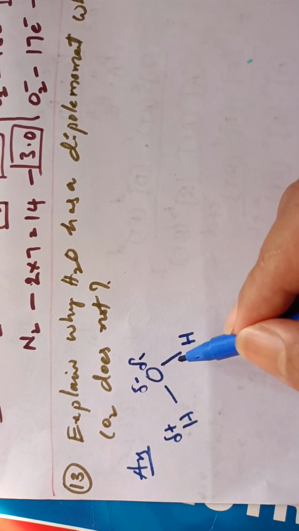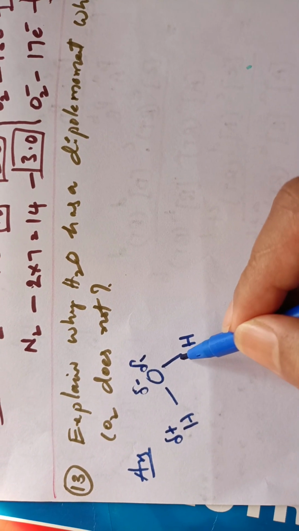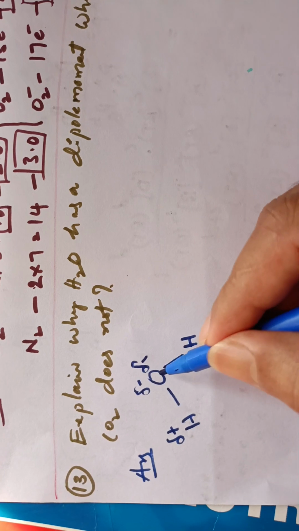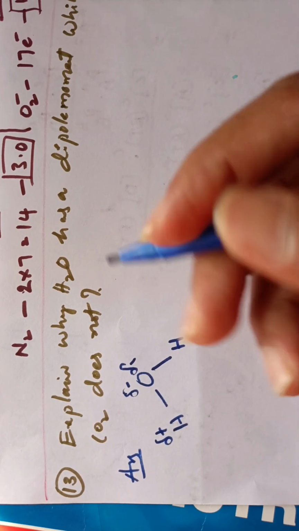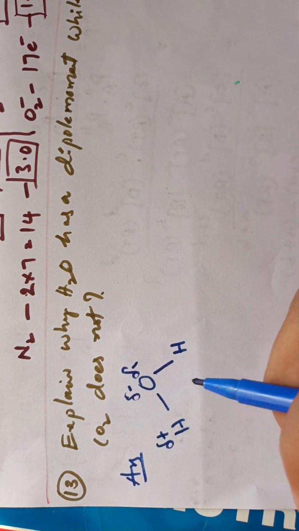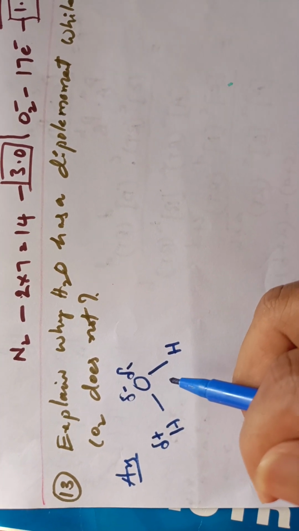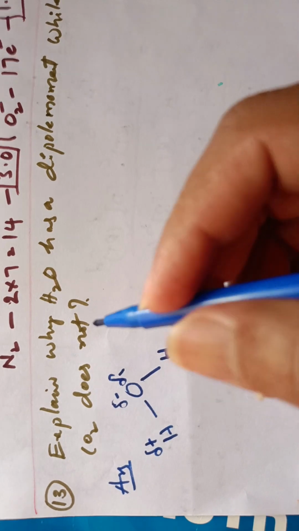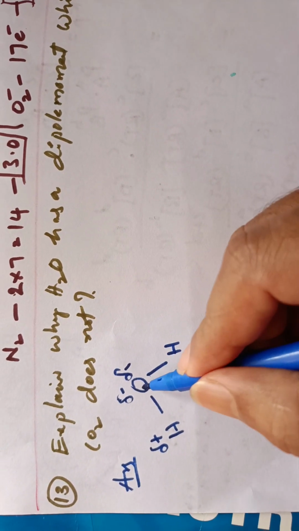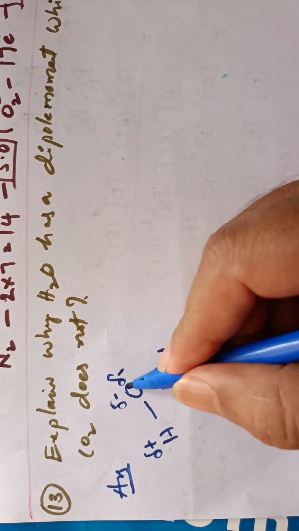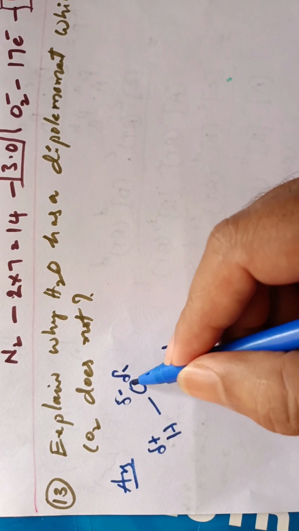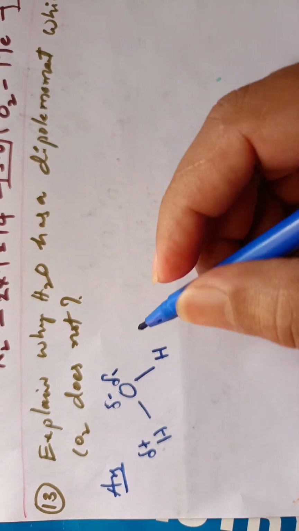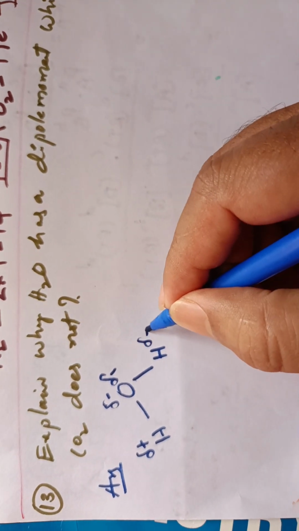That means the bonded electron pair is pulled towards the oxygen atom because it has more tendency to attract this bonded electron pair than hydrogen. So for that reason it gets the negative charge partially. Delta means partially, light charge. Oxygen gets partially negative charge, hydrogen gets partially positive charge.